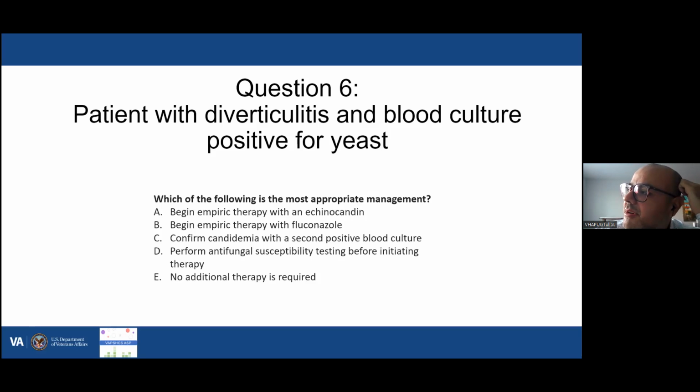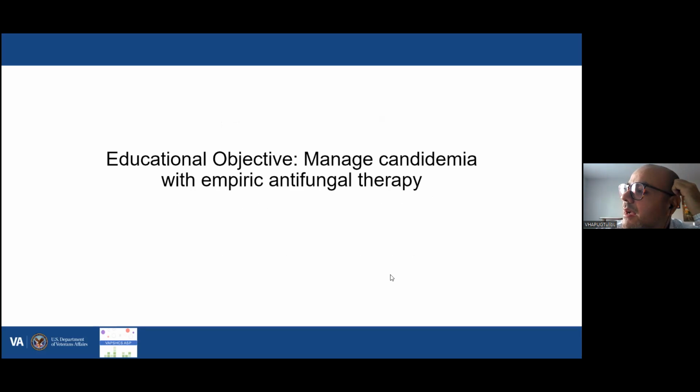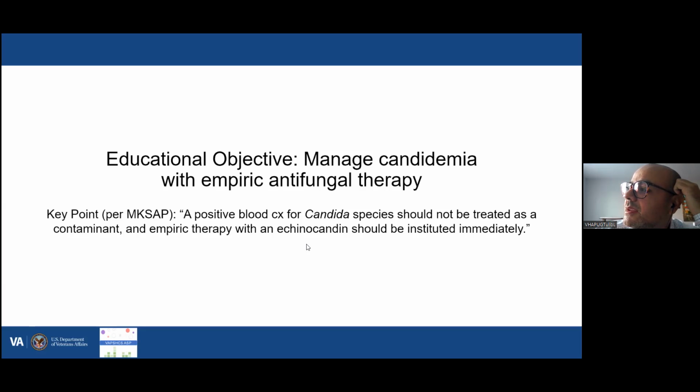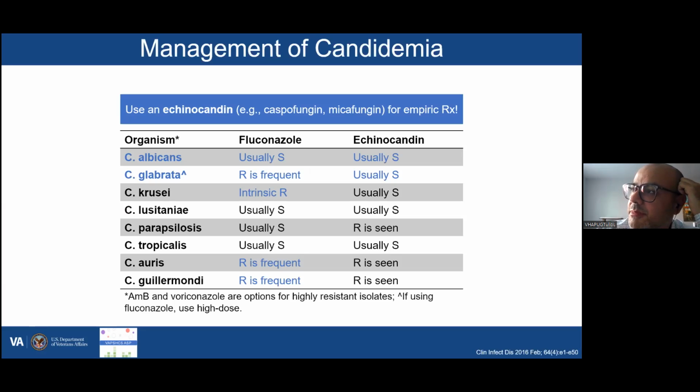You start empiric therapy with an echinocandin. Great, that is the answer. Yep, manage candidemia with empiric antifungal therapy. It should not be treated as a contaminant, and empiric therapy with an echinocandin should be instituted immediately. That's a key teaching point.